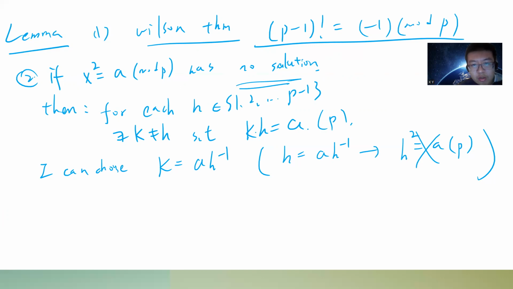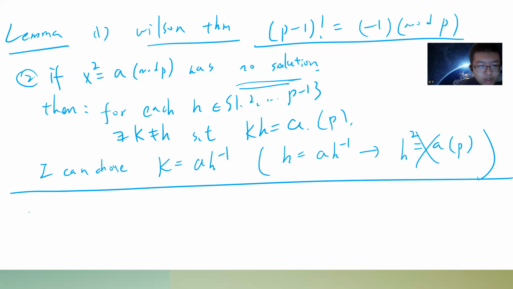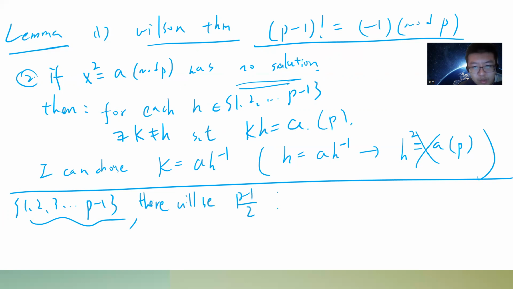Okay, so that means that for each h, you can find a partner such that their product becomes a. That means that if you go through 1, 2, 3, up to p minus 1, there will be (p minus 1) divided by 2 pairs whose product is a.